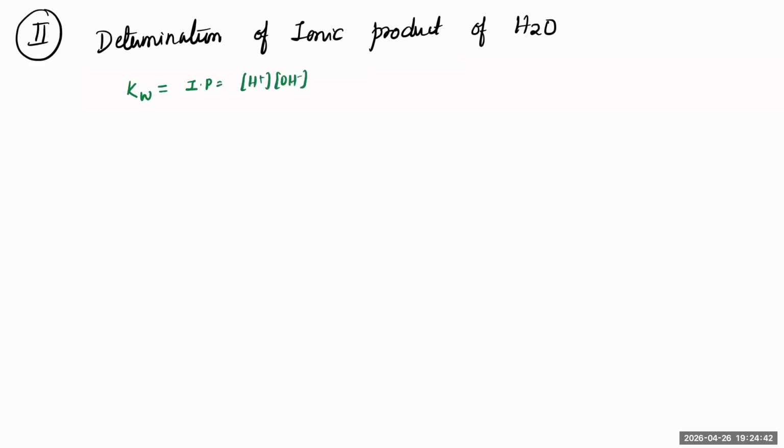If I have to write kappa of water, this is the specific conductance of water. Then, because specific conductance is additive, it will be kappa of H plus plus kappa of OH minus.